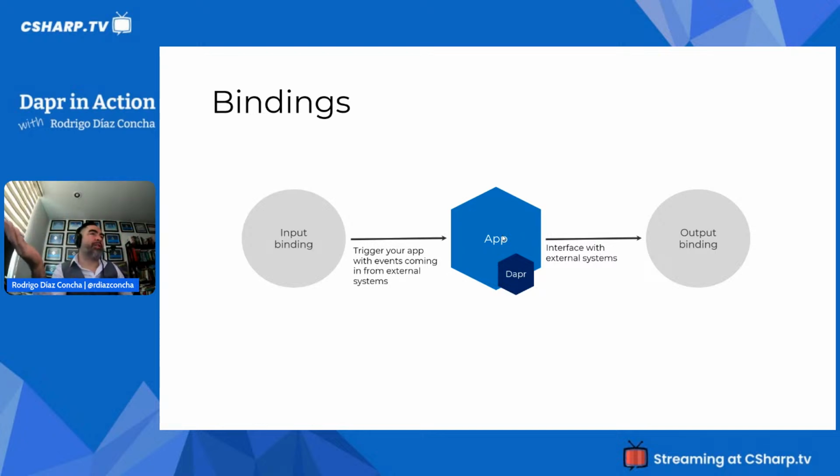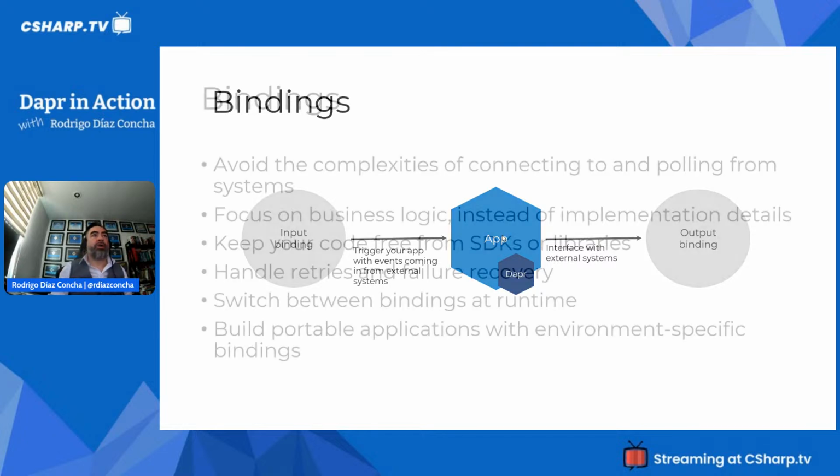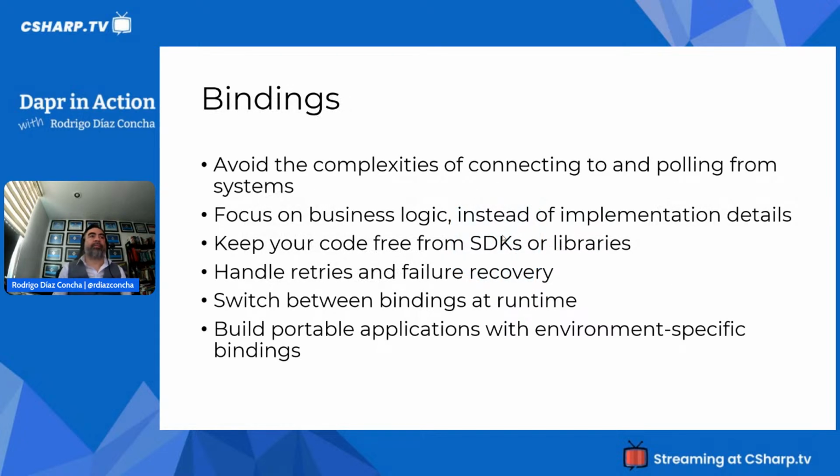And this is actually what's happening in Azure Functions, right? If you happen to be an Azure Functions developer, this is what we do. We implement triggers and bindings, and basically that's it. So bindings allow you to avoid the complexities of connecting to and pulling from other systems or applications.